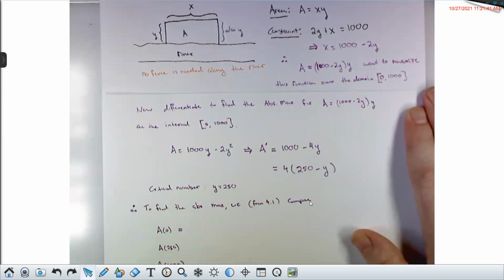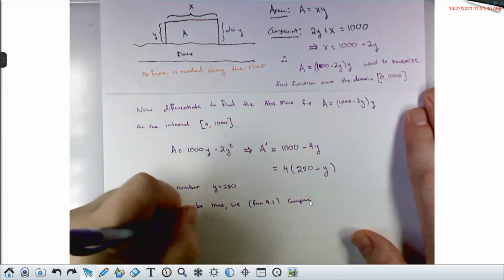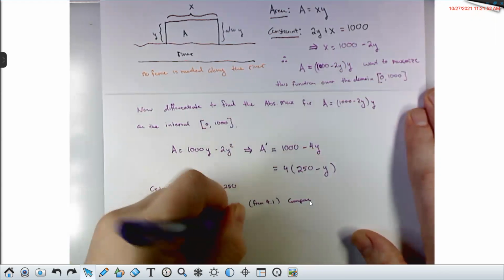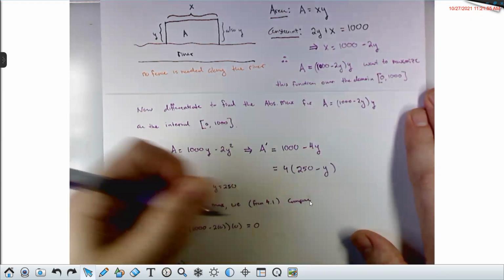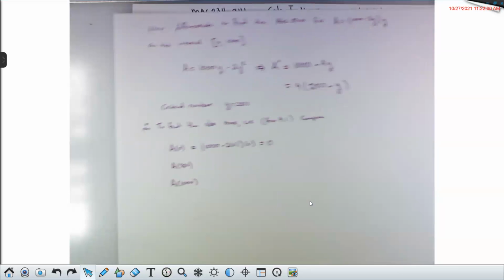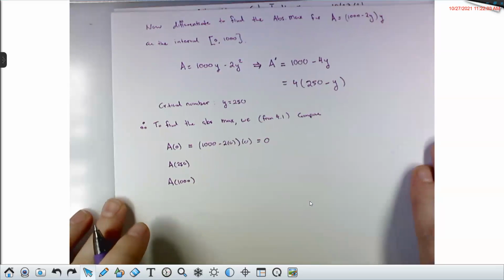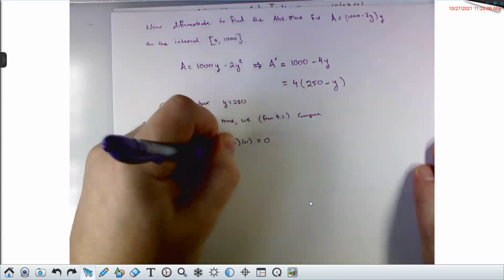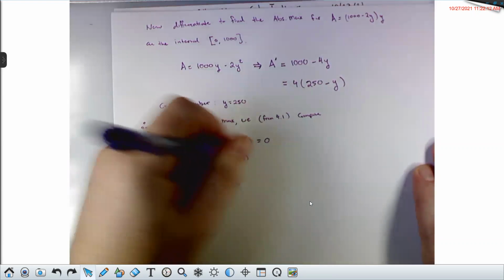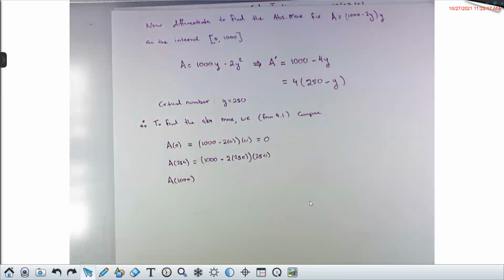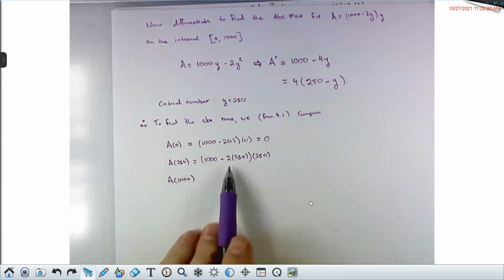A of 0, well, if A is 1000 minus 2y times y, then that's 1000 minus 2 times 0 all times 0, which is 0. So that's definitely not my max. A of 250, this would be 1000 minus 2 times 250 all times 250. 2 times 250 is 500.